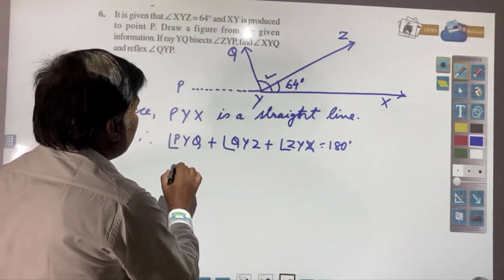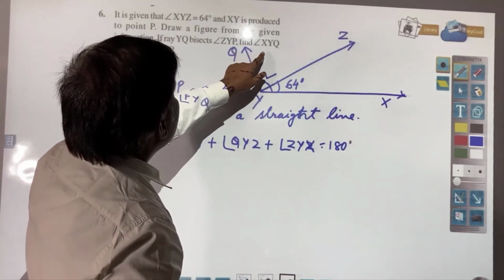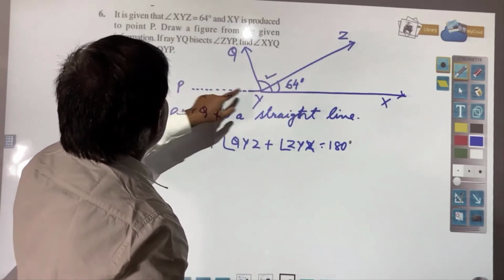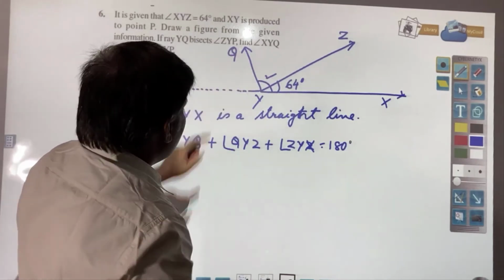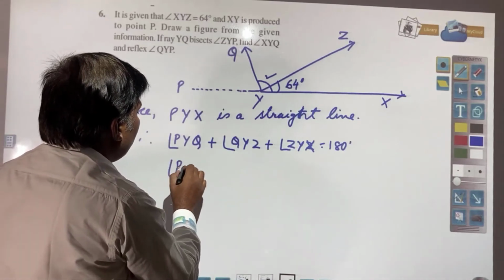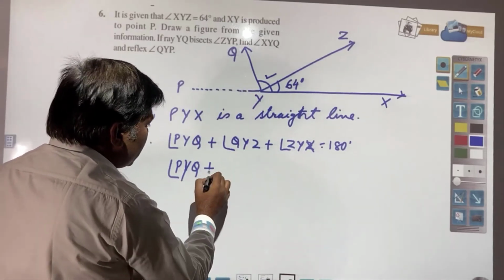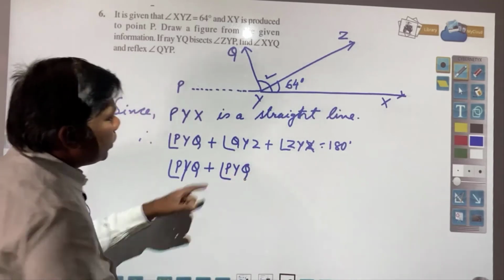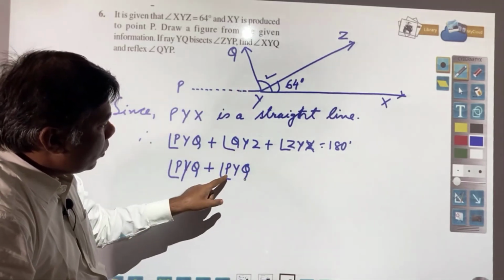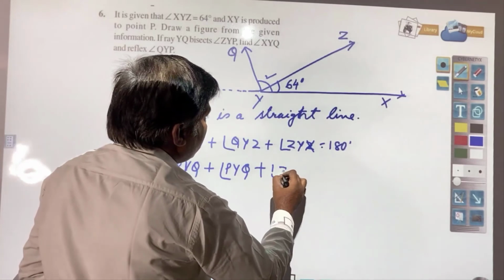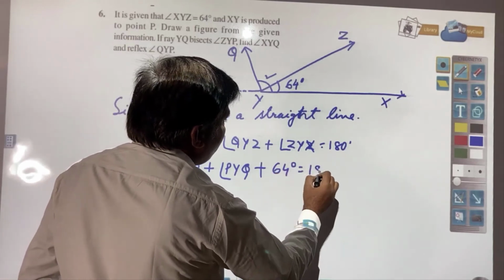Suppose we take this angle PYQ, so angle PYQ plus, because QYZ and PYQ are equal, we can write QYZ is equal to PYQ, plus angle ZYX is equal to 64 degrees, and that is equal to 180 degrees.